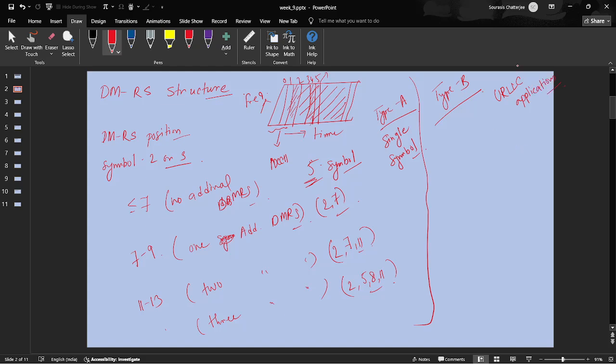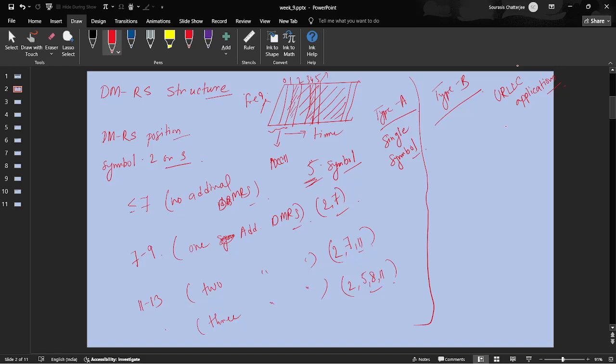In that case, the DMRS will be at the starting point of the PDSCH occasion. The first position will be DMRS, and after that PDSCH will be scheduled. The difference between mapping type A and B is that for A the starting point can be 2 or 3, but for B it can be anywhere within the slot before symbol number 14, at the starting point of the PDSCH.